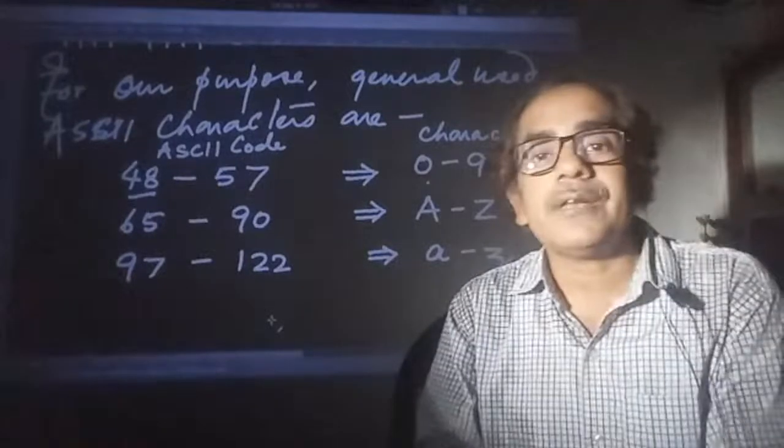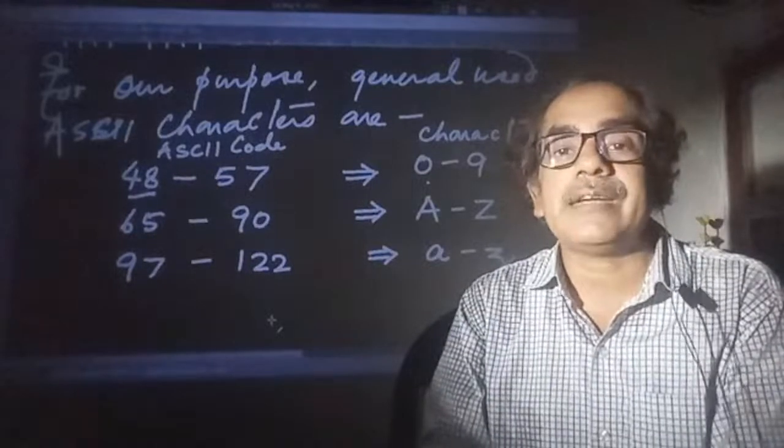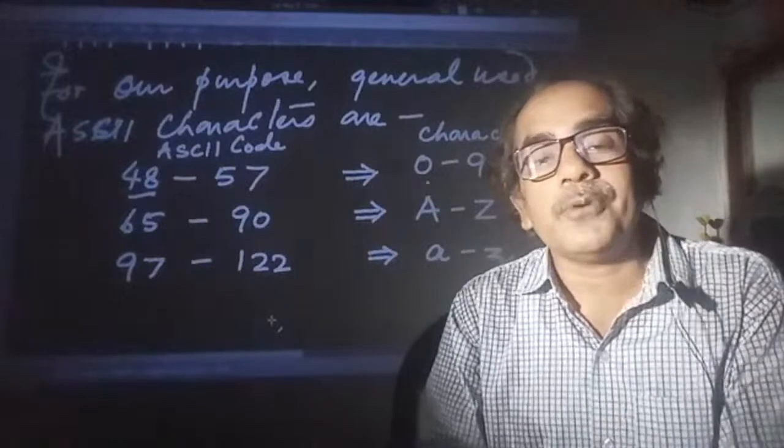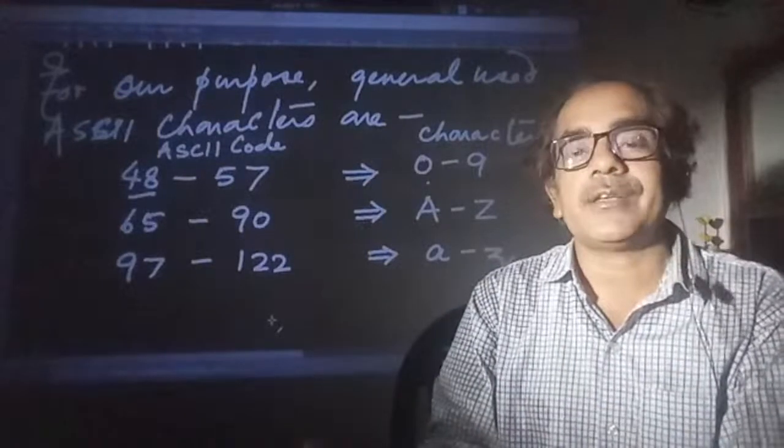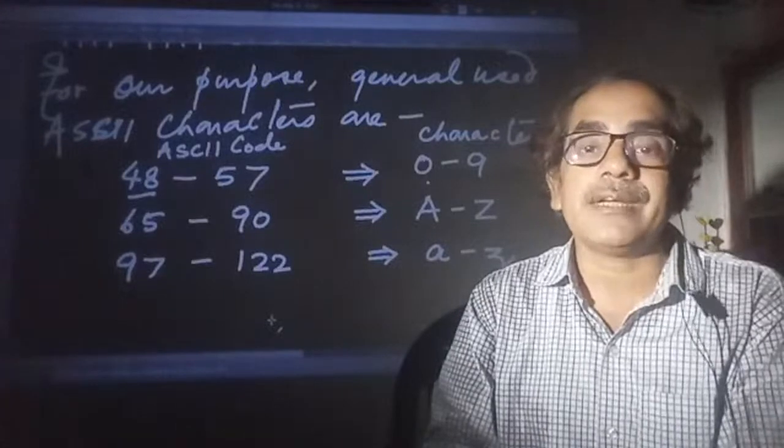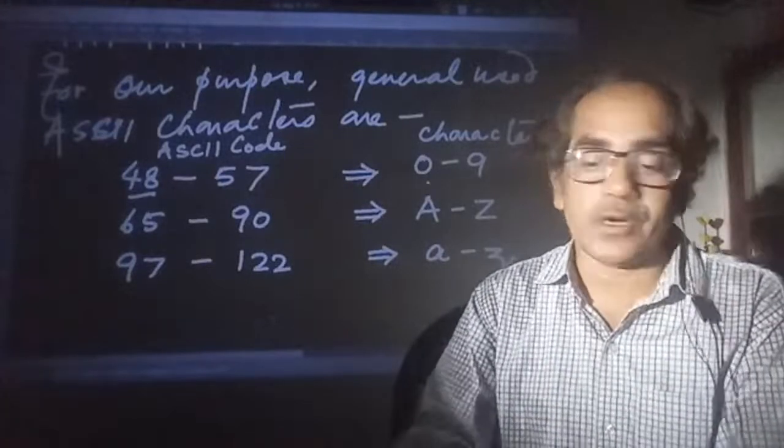Then in the continuous run of computer development, scientists included all the popular characters of the world together in the computer's character set, and that character set is called Unicode.